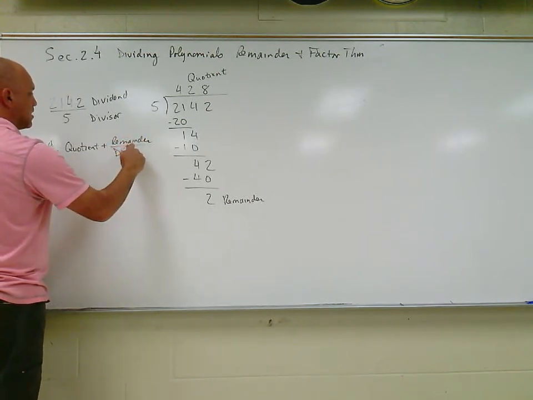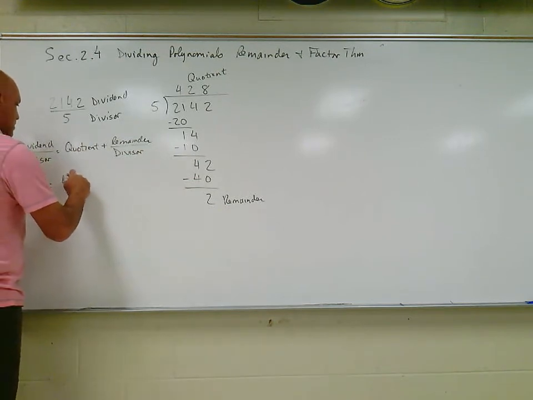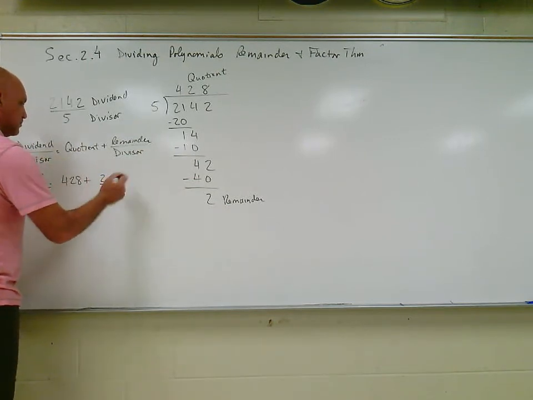That's what gives you your decimal. That's what tells you the fraction that's left over. Okay. So for this problem, 2142 divided by 5, we should get 428 plus 2/5.